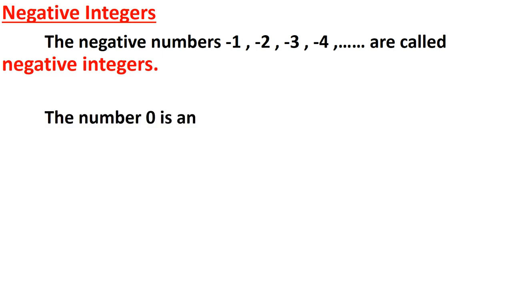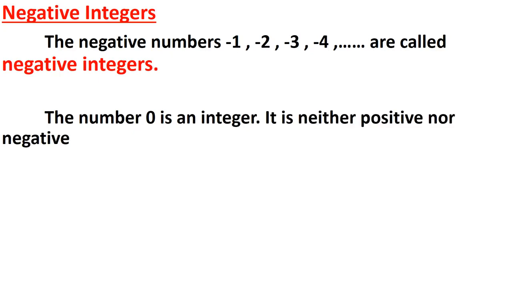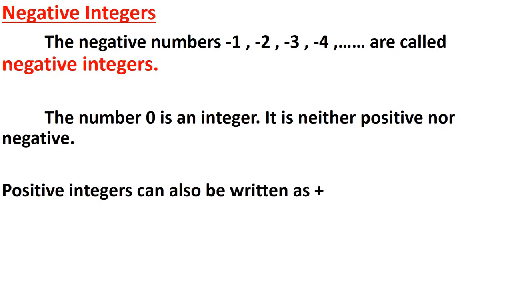The number 0 is also an integer, but it is neither positive nor negative. Positive integers can also be written as plus 1, plus 2, plus 3 and so on.